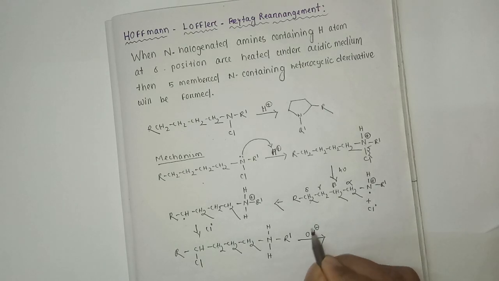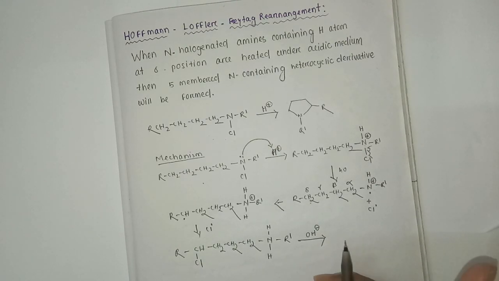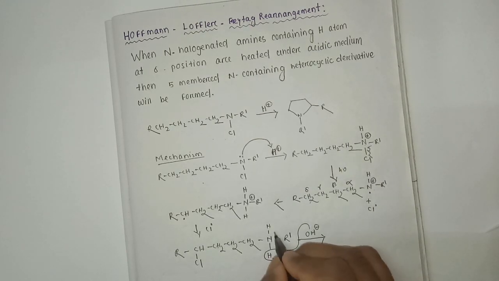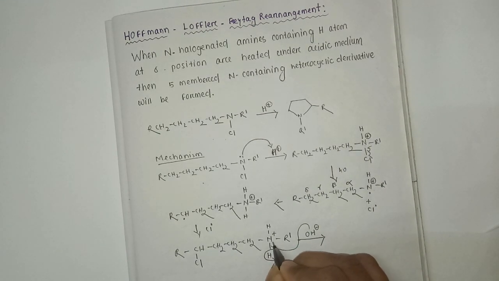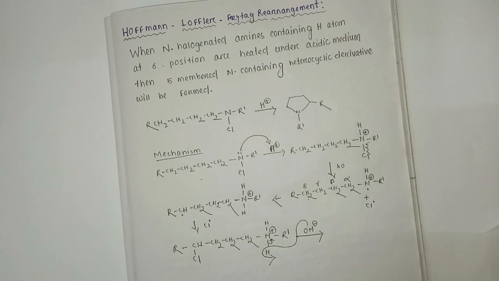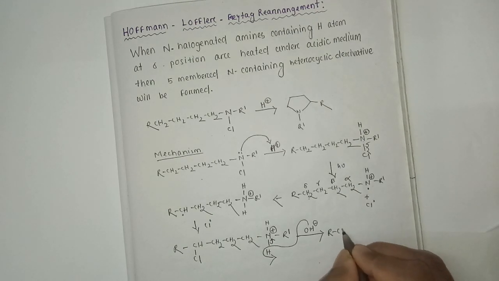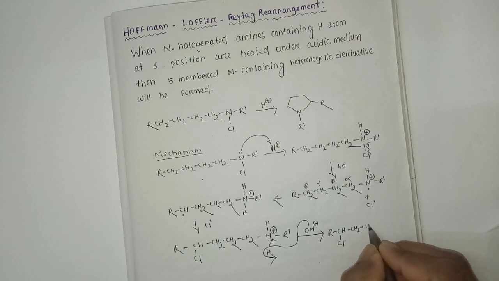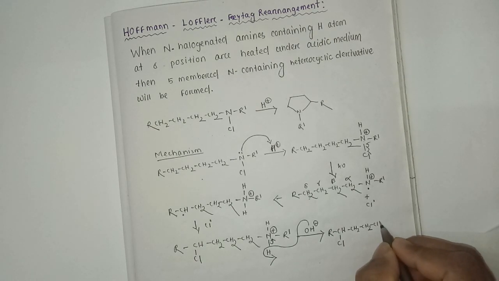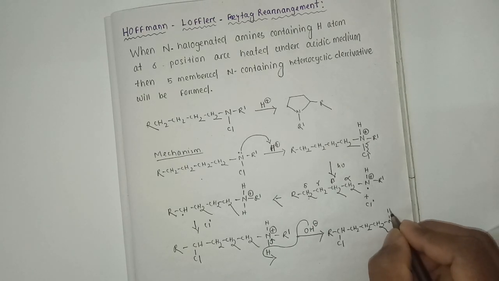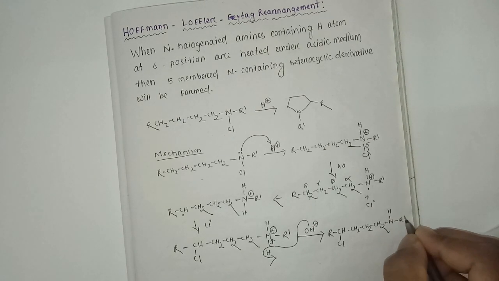This OH minus will attack the H plus ion, then the bond shifts towards the nitrogen side and the positive charge is removed. Then we get R CHCl, CH2, CH2, CH2, nitrogen, hydrogen and the RDS group.